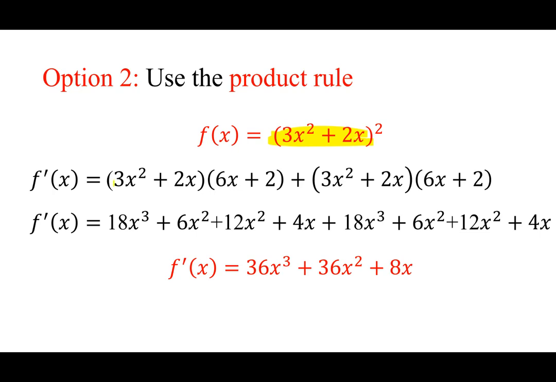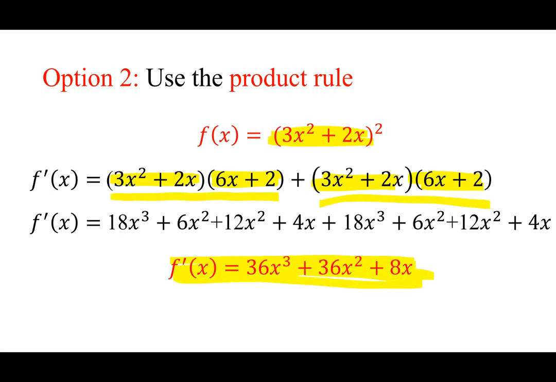The product rule would say, take the first times the derivative of the second plus the second times the derivative of the first, and you notice you're getting the same values because 3x squared plus 2x would be both the f and the g, and therefore the f prime and the g prime would be the same. If you were then to FOIL out each of these quantities, you would of course get the same four terms each time. If you combined all the like terms, you are still going to get 36x cubed plus 36x squared plus 8x. So, of course, the two methods so far, product rule and multiplying it out, do in fact give the same answer.